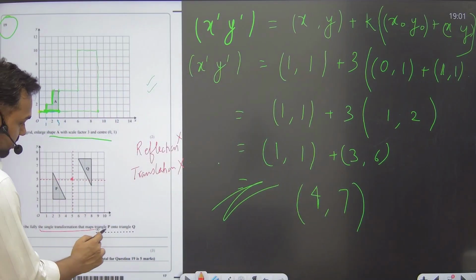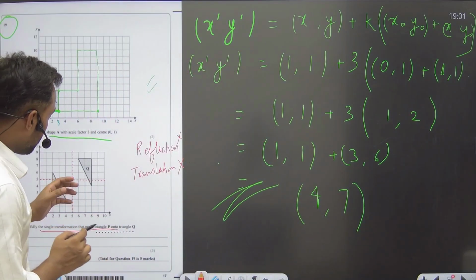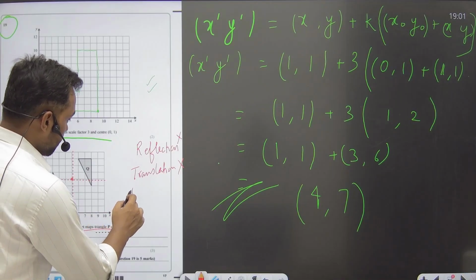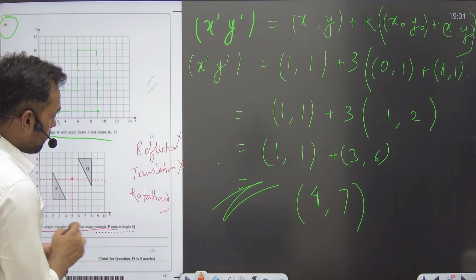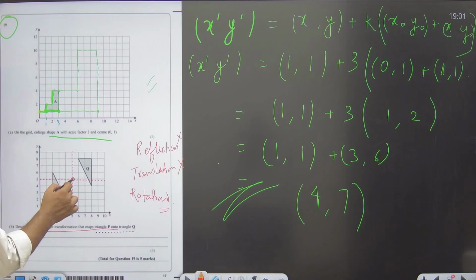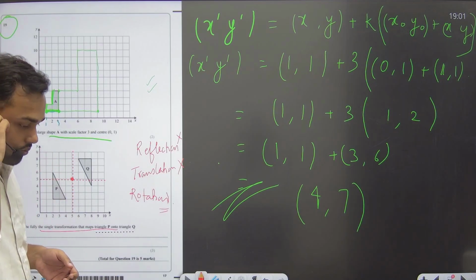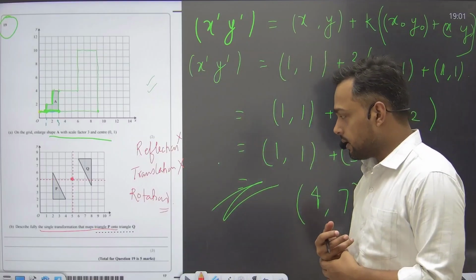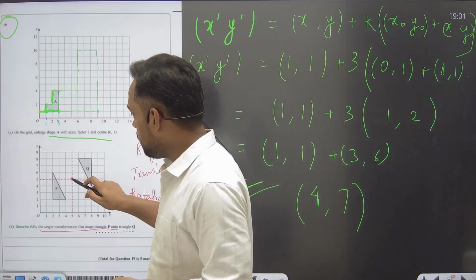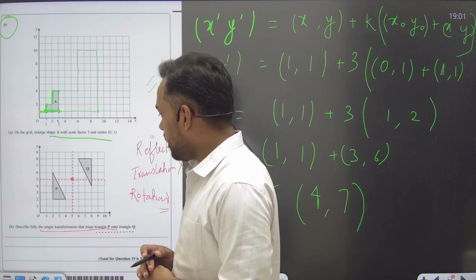Now if I say it is the case of a rotation, how do I come to know? This is the easier method I am describing here, so that you don't face any problem while solving this question: we need to divide the whole figure into two equal parts.